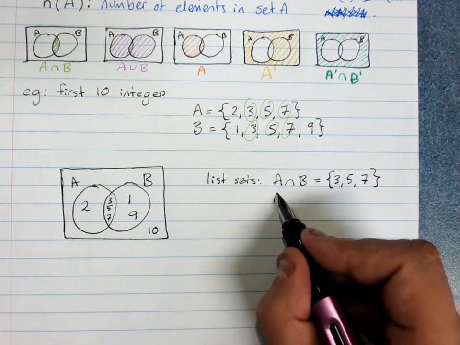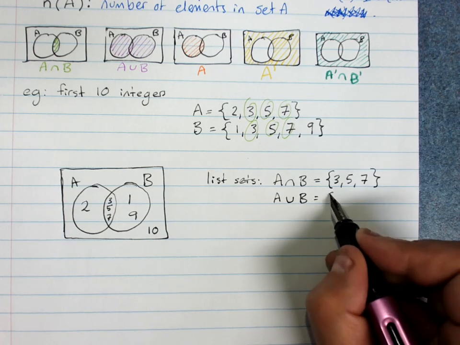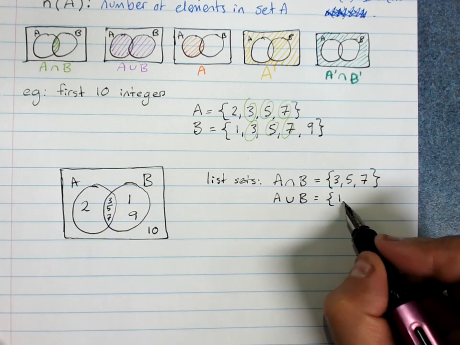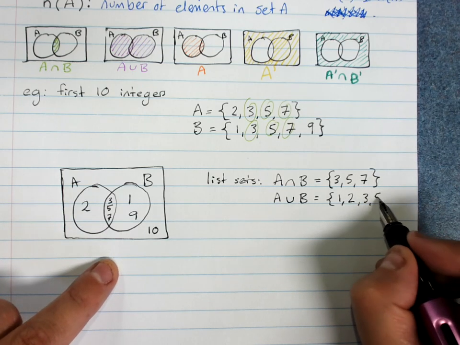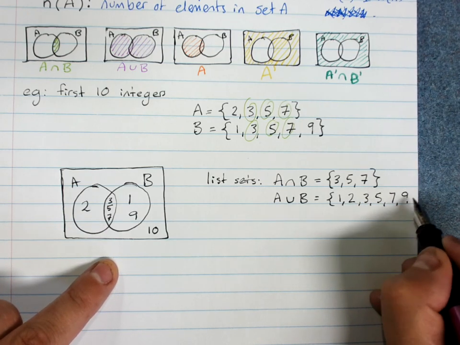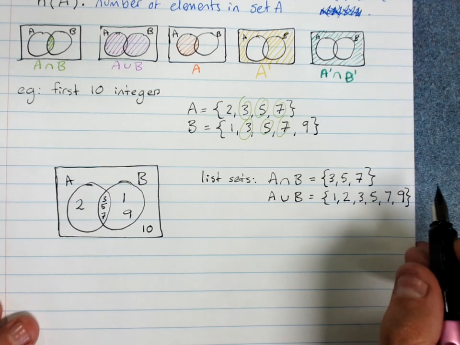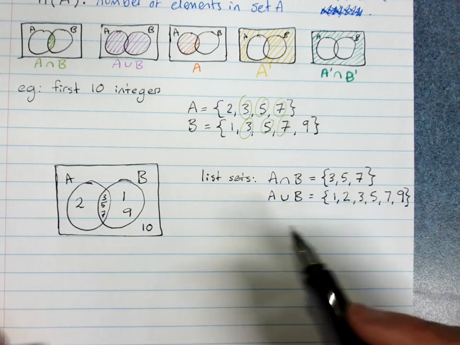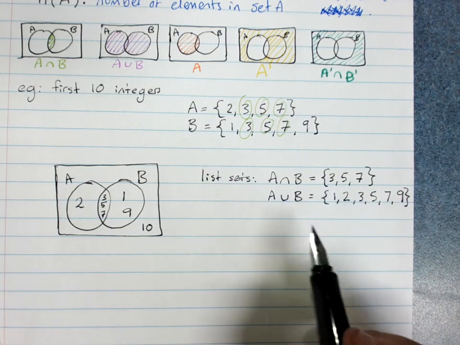If I got asked to list the union of A and B, that set would be 1, 2, 3, 5, 7, 9. That's everything that's in A or B. And I could have listed all sorts of sets, A but not B, and things like that.